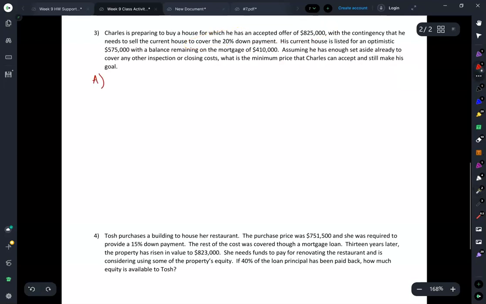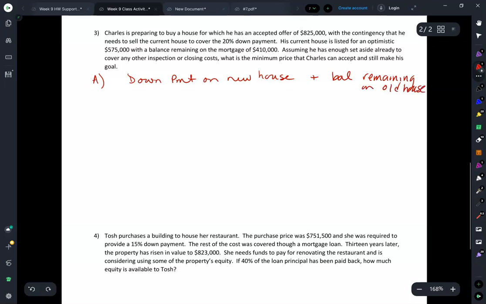Okay, so we need to find his down payment on the new house, plus the balance remaining on the old house.